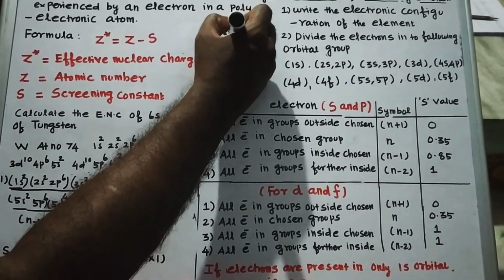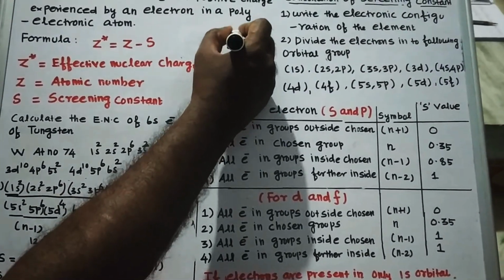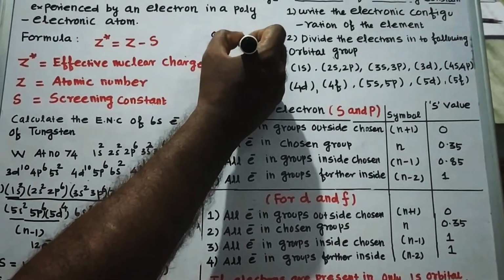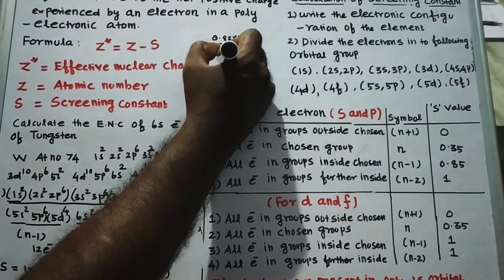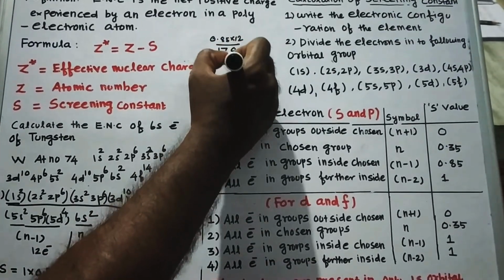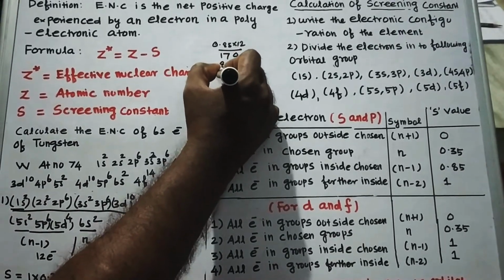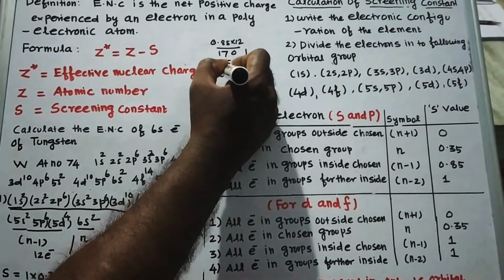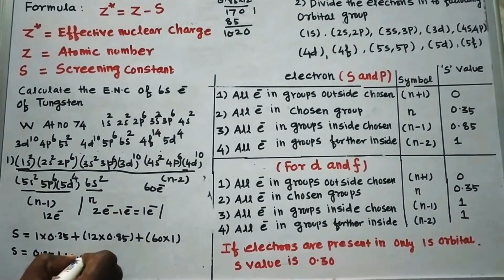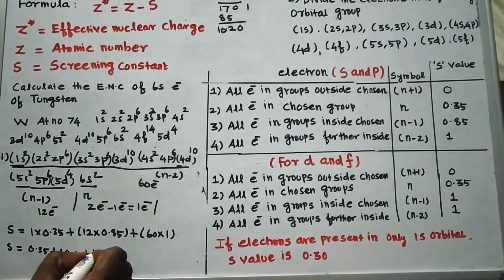0.85 into 12 is 10.2. Plus 60 into 1, that is equal to 60.